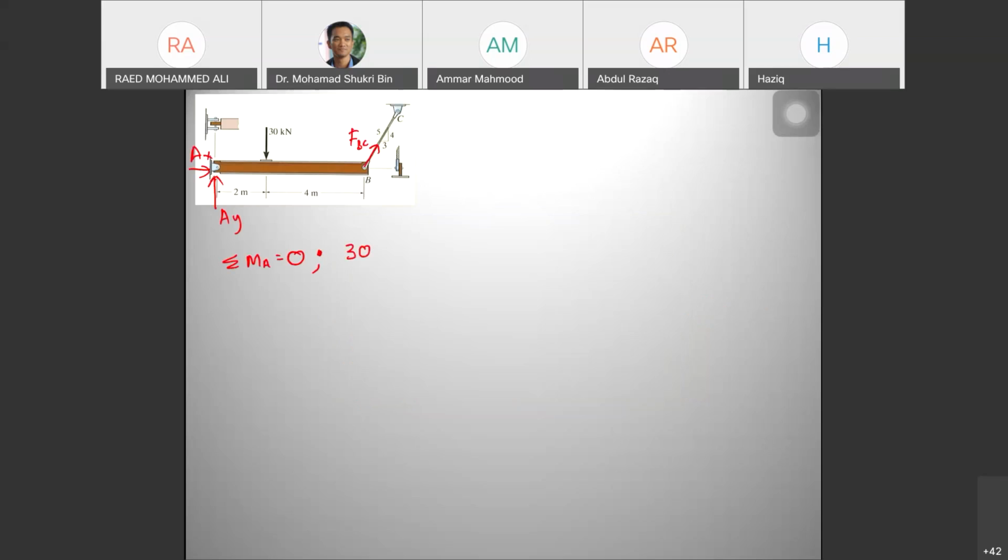So 30 kilonewton times 2, clockwise is negative, plus FBC times 4/5 times 6, positive because it's counterclockwise, equals 0.